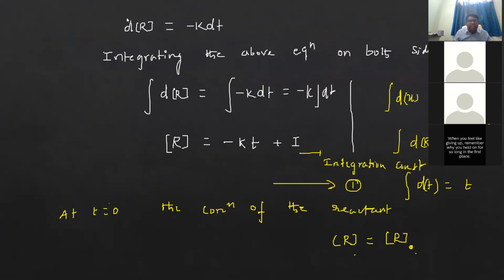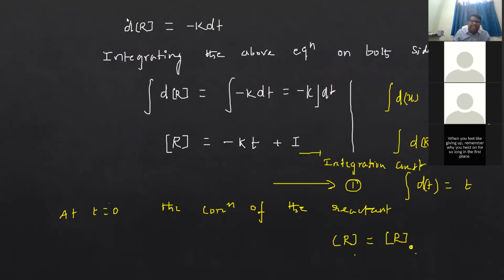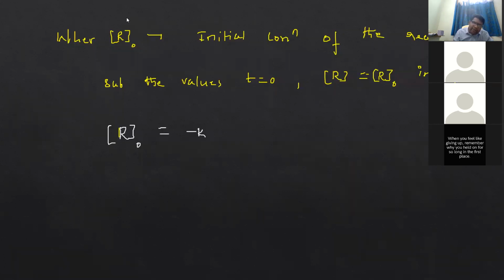Here we get R is equal to R naught, that is equal to minus Kt, t means 0, so minus K into 0 plus I. Therefore, I is equal to R naught.